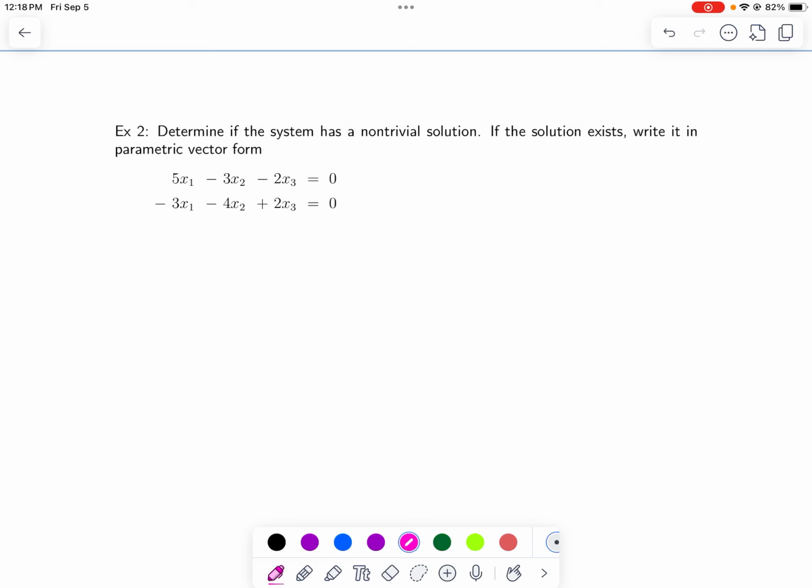Same thing, now we have to look at this one and we start with the matrix: -5, -3, -2, 0, -3, -4, 2, 0.